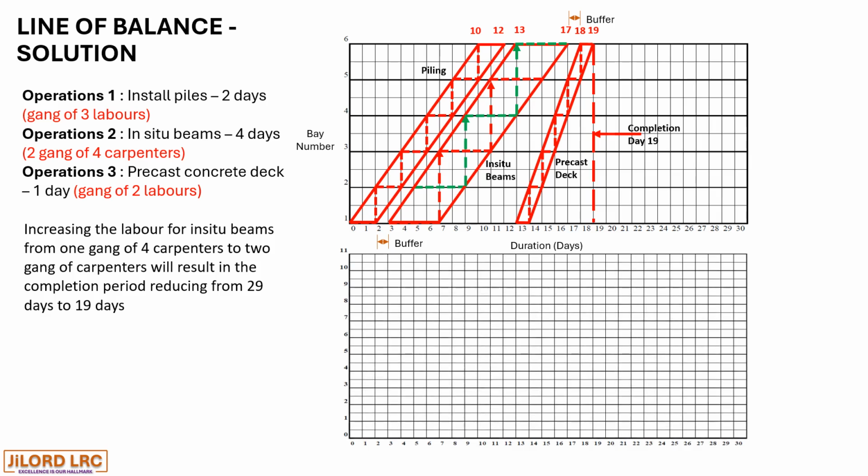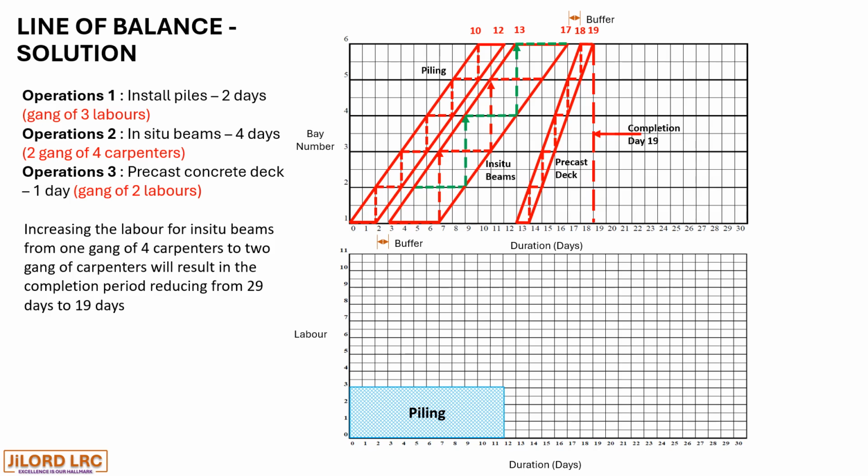So let's look at the labor resource histogram. We have labor duration, first piling, that is 3 laborers up to day 12.